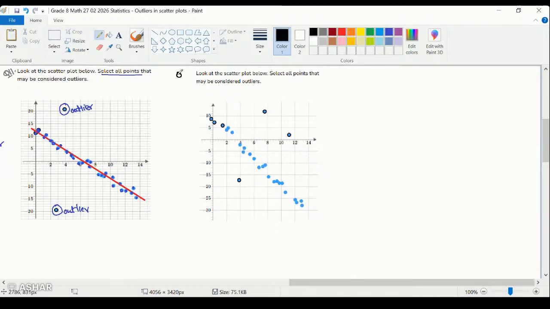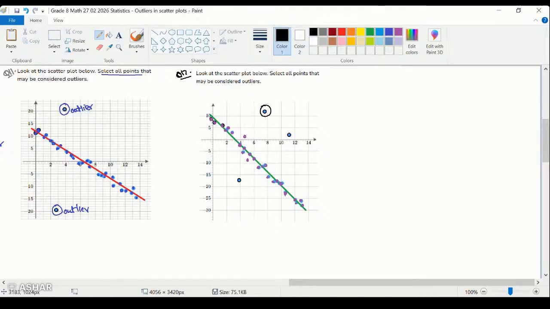Question number 12. We can say we have a line of best fit. Agreed. And since we already have the line of best fit, that means the outliers would be any point that is not near the line.